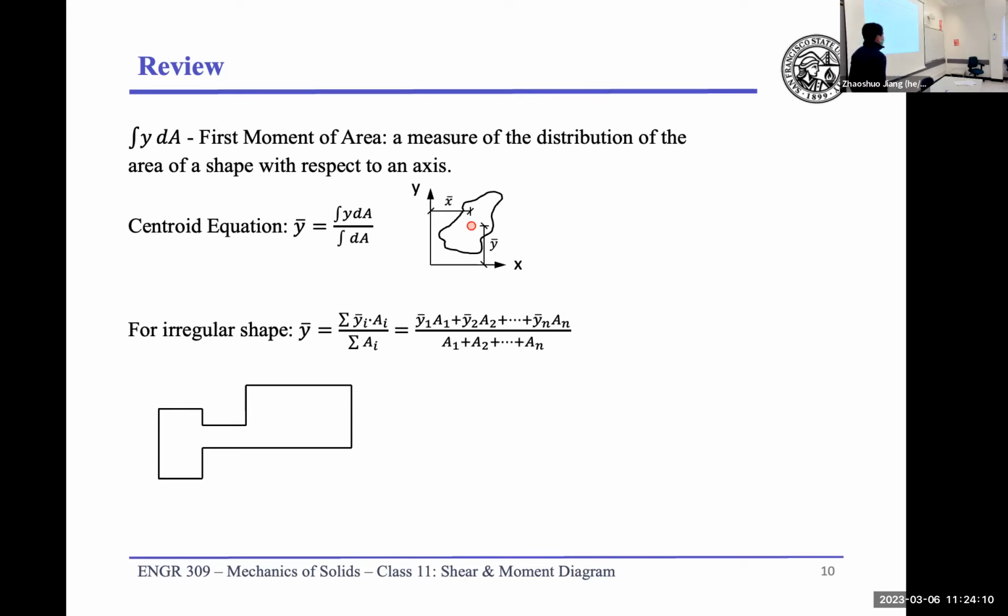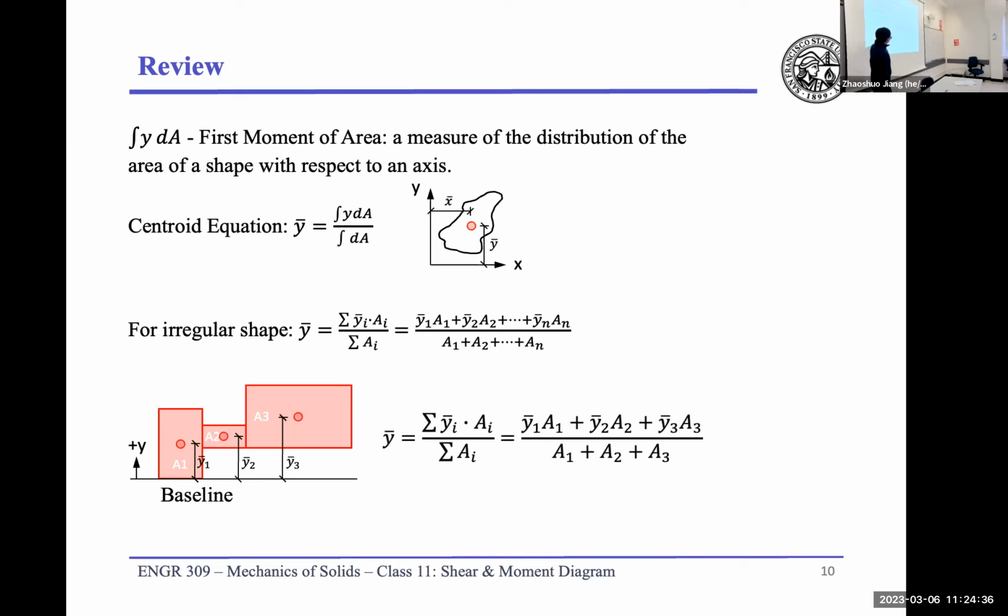So using this example to illustrate, now we can divide it into 3 areas, A1, A2, and A3. And we can draw a baseline and we define above the baseline is our positive y. And the centroid for each of the subsections is y1 bar, y2 bar, and y3 bar.